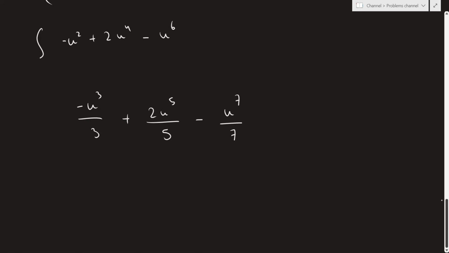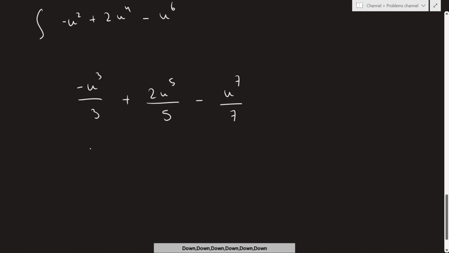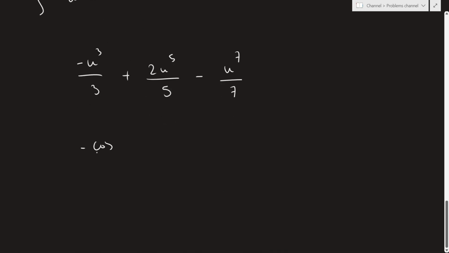We chose u to be cosine, right? So it's going to be negative cosine cubed over 3 plus 2 cosine power 5 over 5 minus cosine power 7 over 7. Don't forget the plus c. And that's it.